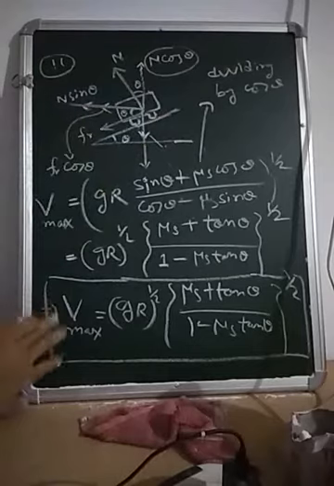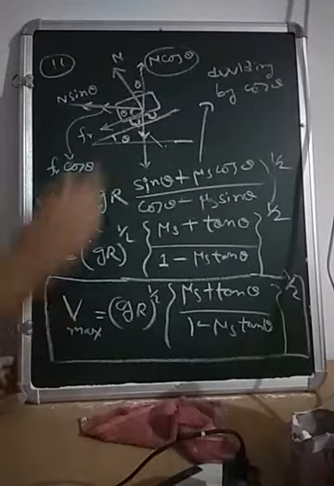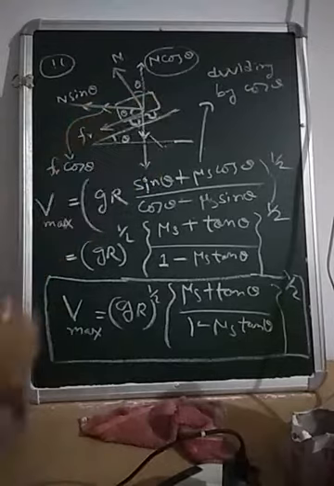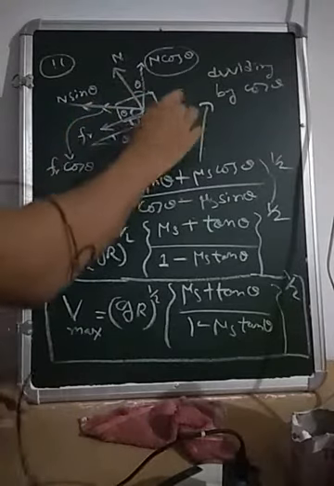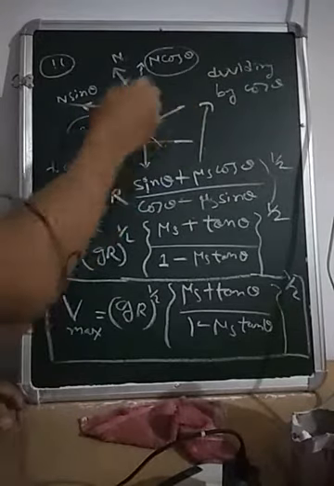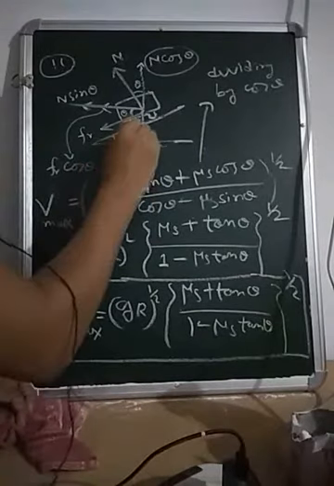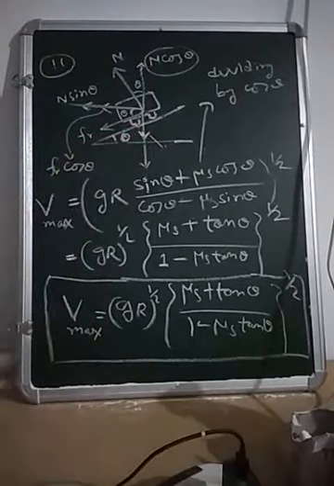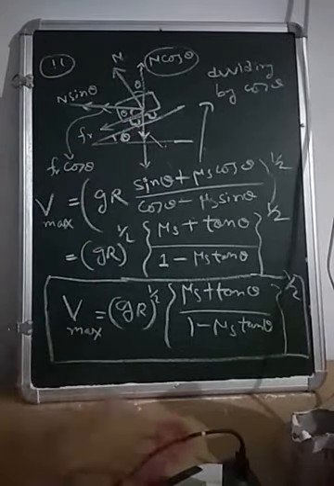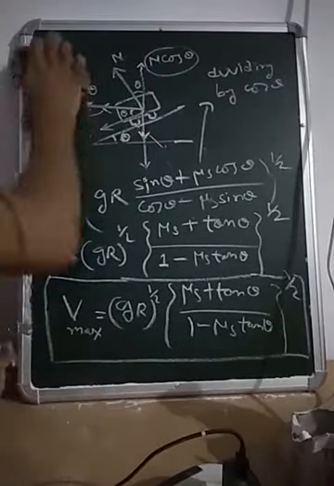This is the expression of velocity that a car can acquire when taking a circular turn on a banked road, where the road is bent at an angle theta with the horizontal. Okay, so this is the expression.